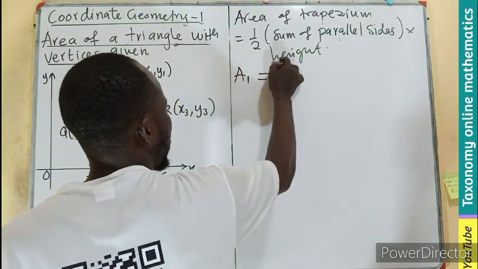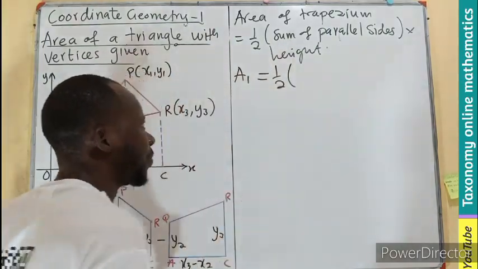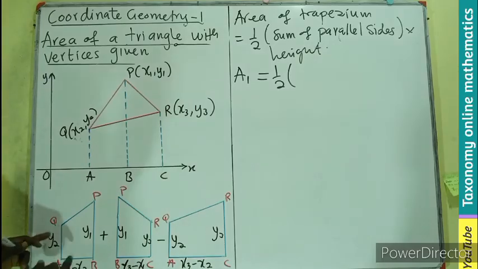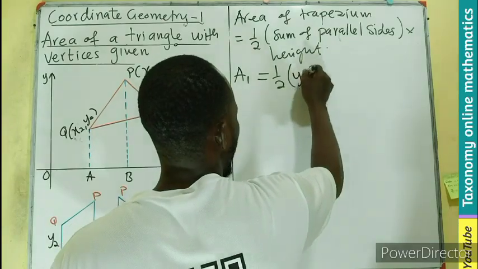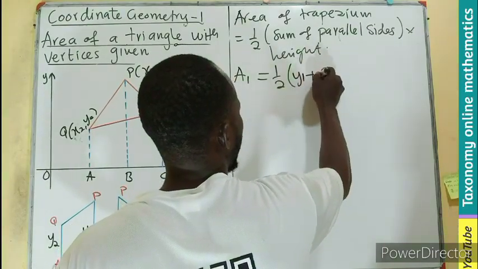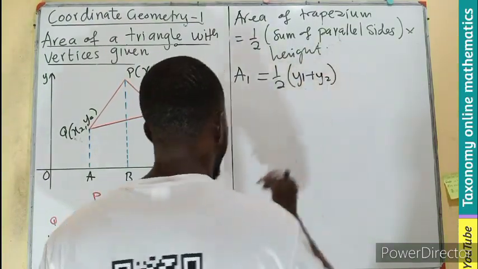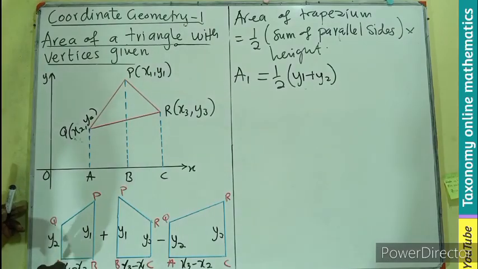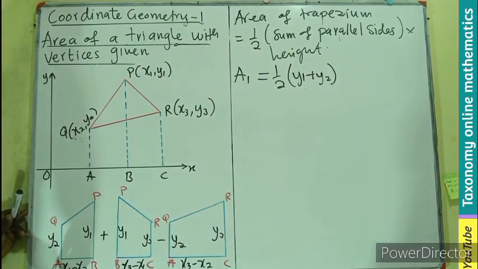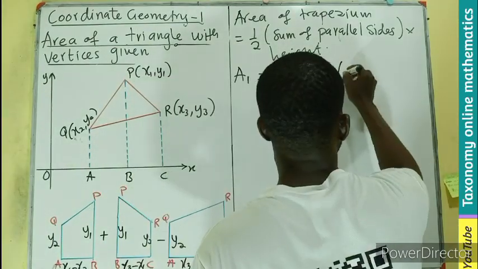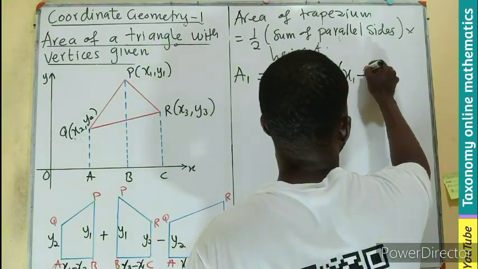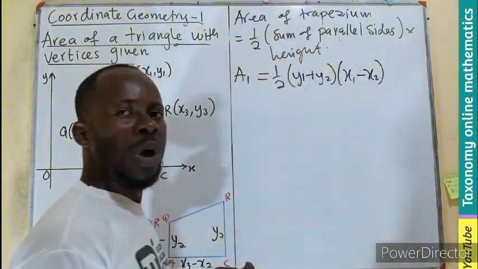Area 1 equals half times the sum of the parallel sides. What are the parallel sides? y1 plus y2, times the perpendicular distance, which is x1 minus x2, right? So that is the first one.